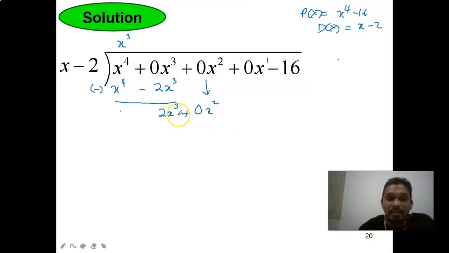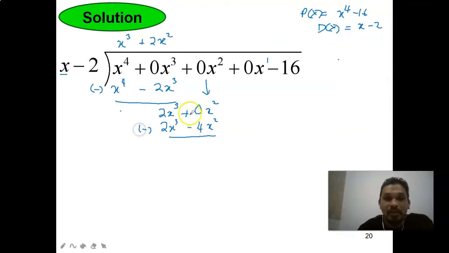Next, 2x cubed divided by x equals 2x squared. Let's try again. 2x squared multiplied with x, yes, 2x cubed. And then 2x squared multiplied with negative 2, minus 4x squared.